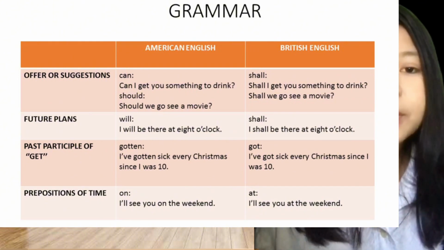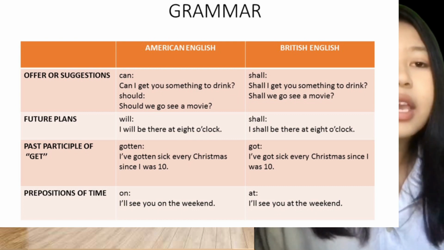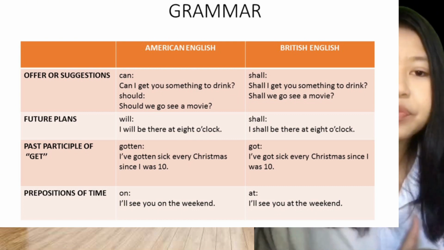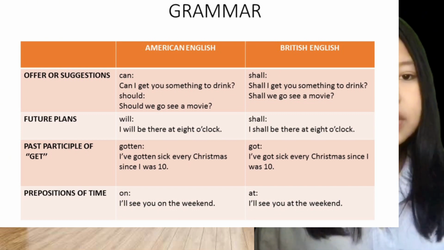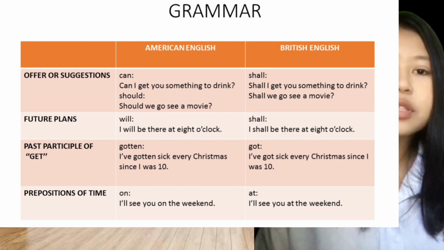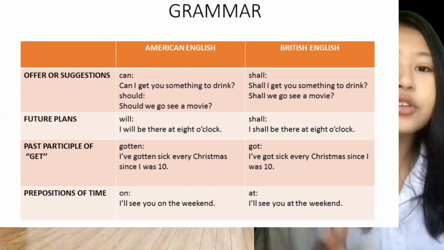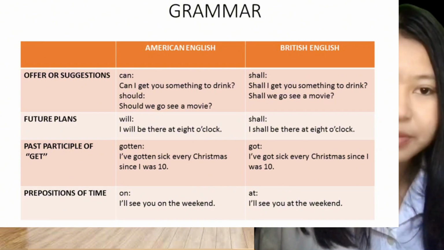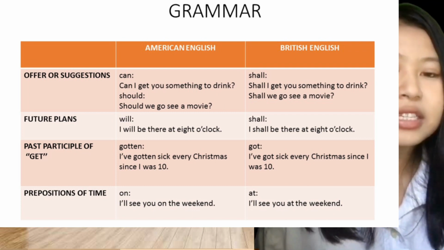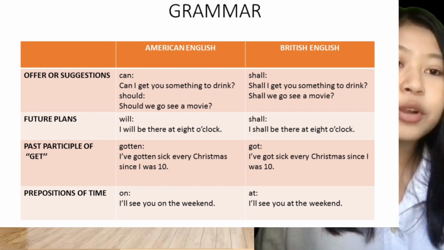Then there's the use of the past participle of get. In American English they say, "I've gotten sick every Christmas since I was 10." They use the past participle of get in the gotten form, which is verb 3. Meanwhile, in British English, they use verb 2 for the word get.